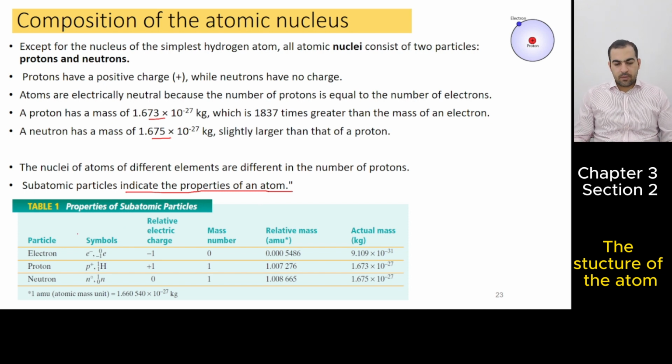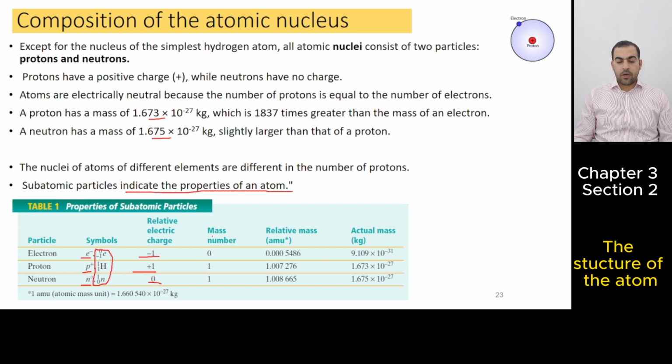Look at this table, properties of subatomic particles: electron, proton, neutron. Their symbols, you don't need to memorize this now. Relative charge, electric charge: negative one is for the electron, positive one is for the proton, zero is the electrical charge of the neutron.